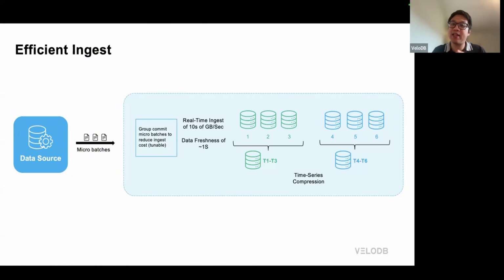And hence, with the time series compression, we can further reduce the CPU cycles used for ingestion while maintaining a relatively high throughput. In this case, we can guarantee about a 10 gigabyte per second throughput with a 1 second freshness using group commit, so it doesn't actually impact performance in a meaningful way.